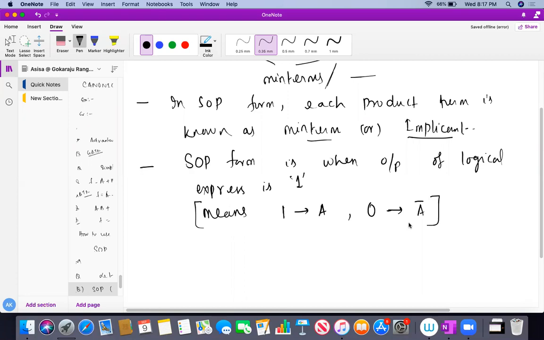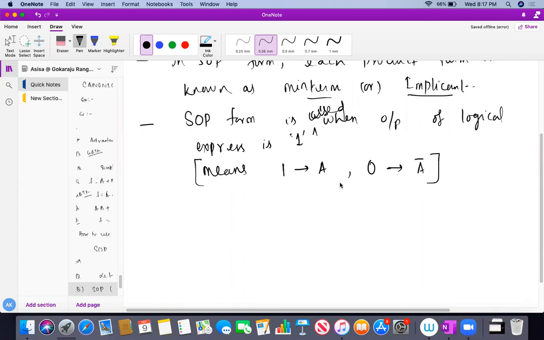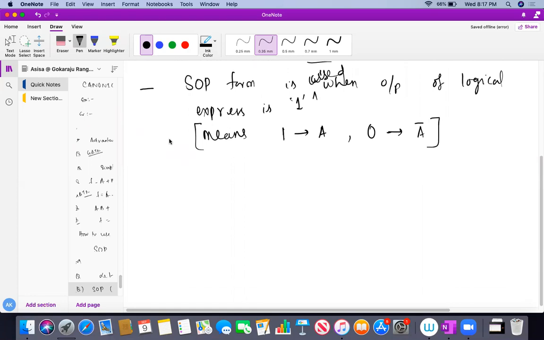SOP form is used when the output of the logical expression is 1. So we'll see an example.